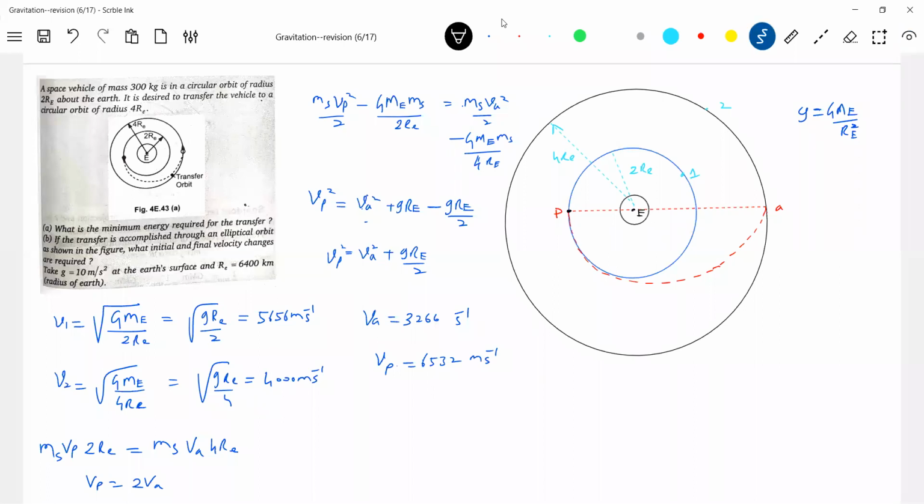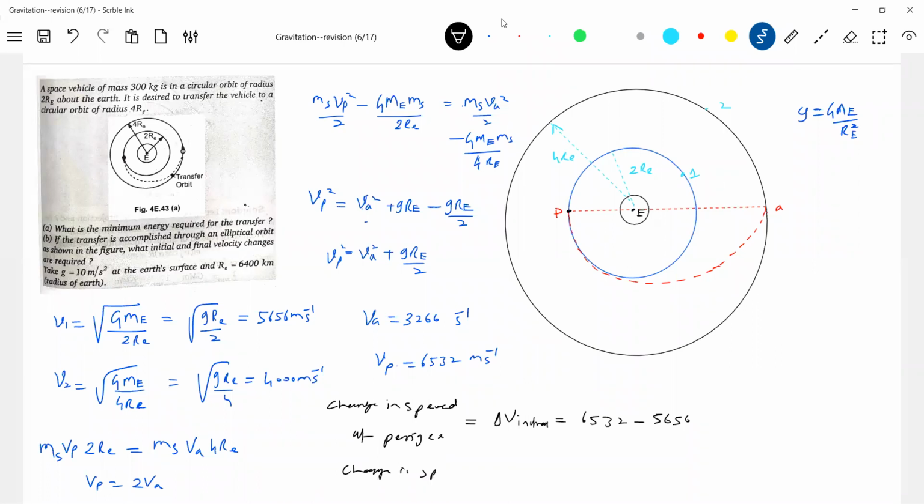So I'll put the change in speed at perigee. Shall we write here? Delta V initial, I'll call it. This should be equal to 6532. Let me directly substitute this.